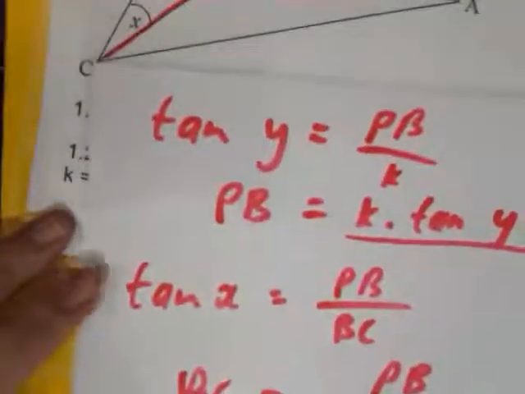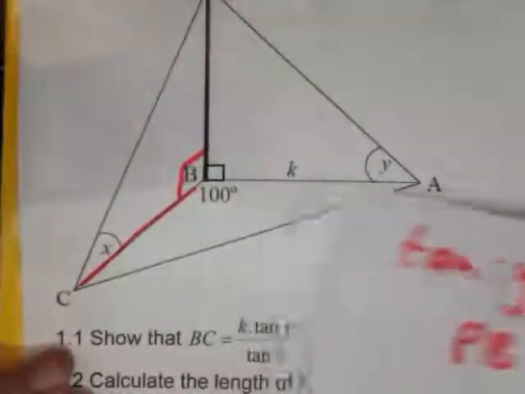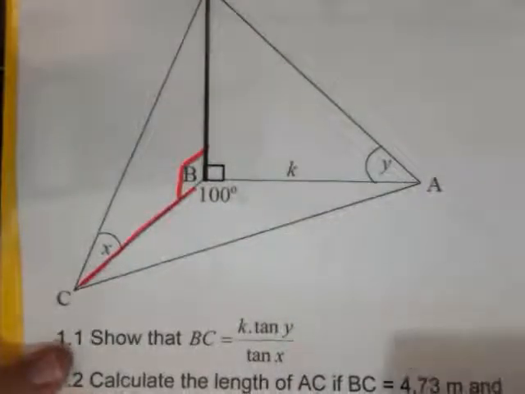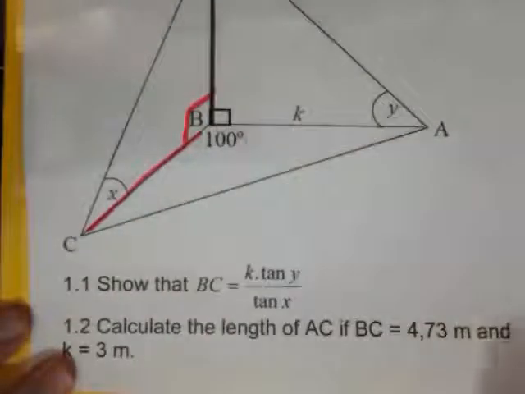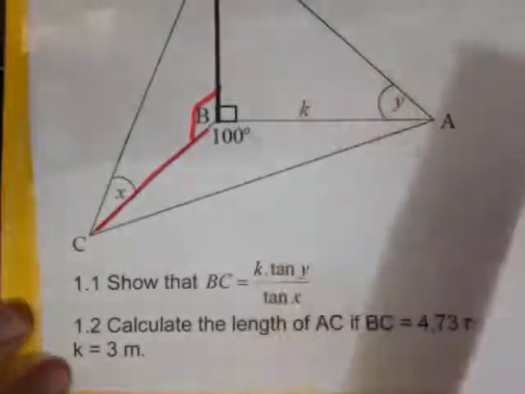Okay, so sometimes we need to work out the value of K and the value of BC using this, but in this example they actually give us the value of BC, which is 4,73, and the value of K, which is 3.